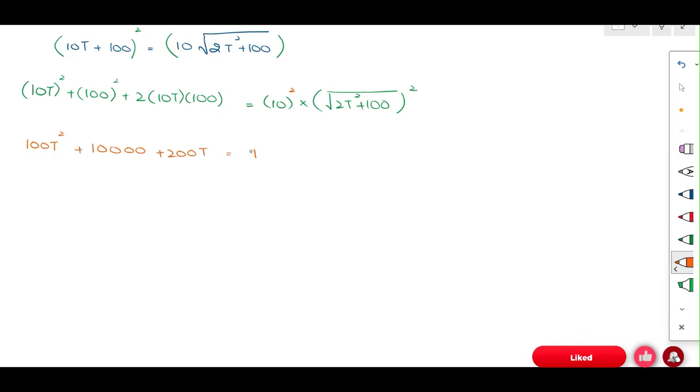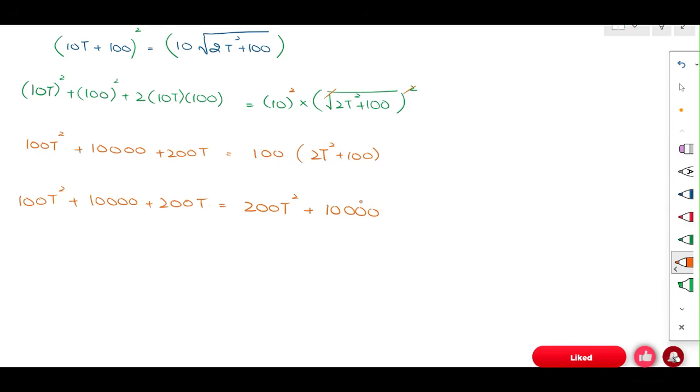This is 10, sorry, it's square. 10 square is again 100, and the square and square root cancel out, 2T square plus 100. So 100T square plus 10,000 plus 2000T equals, 2 times 100 is 200, 200T square, and 100 times 100 is again 10,000.